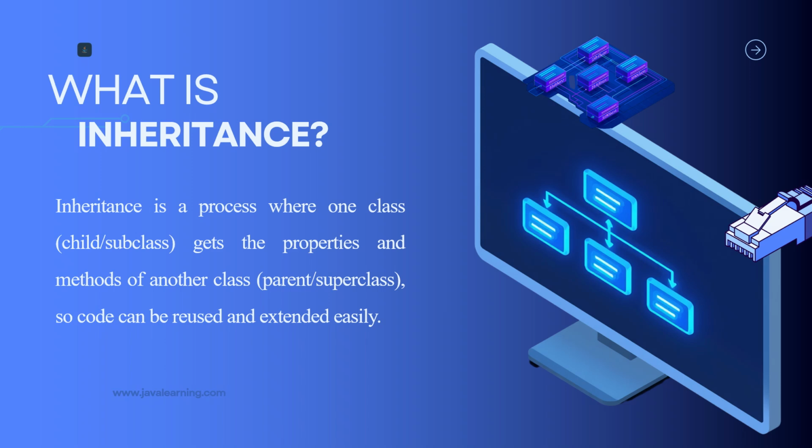But by using inheritance, we can reuse the existing code from the parent class instead of rewriting it. Because of this, repetition of code is reduced, the program becomes easier to manage, and the code looks more organized and clean. Inheritance also helps developers save time and makes the applications easier to maintain and extend in the future.